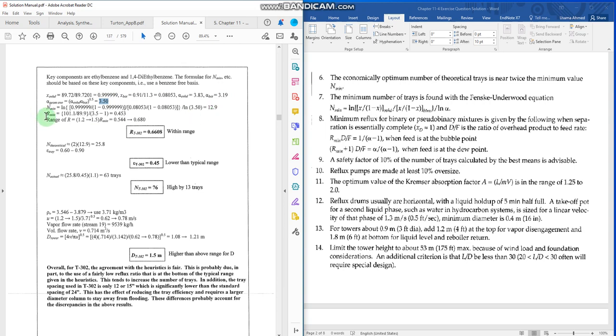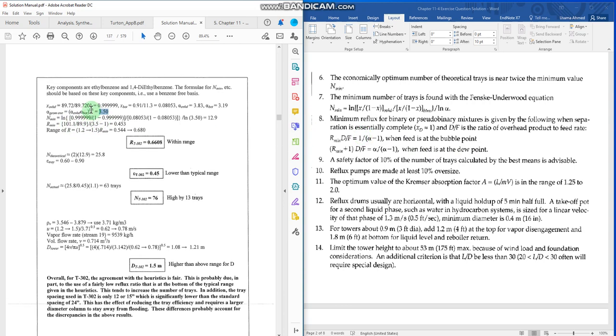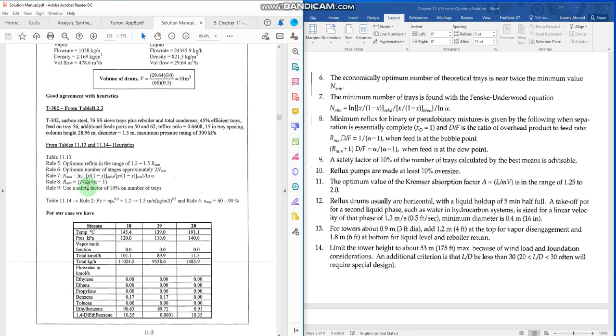Now you can estimate the value for the minimum reflux ratio by using this equation simply. Okay, R D, this equation, F by D. You can rearrange this equation basically to get the new equation, F by D, which is provided to us here. Okay, F by D, alpha minus 1. So you can use this equation.